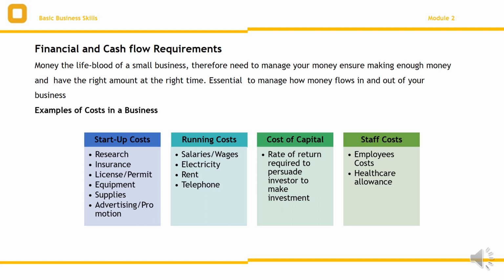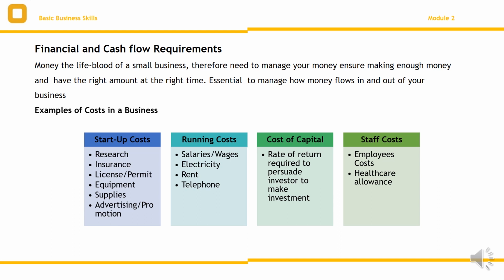We have running costs, we have cost of capital, and we have staff costs. Startup costs are going to be costs or expenses that you incur when you are creating a new business. Remember that when you're creating a new business, there are various activities that you need to carry out, and those activities you need to pay for.